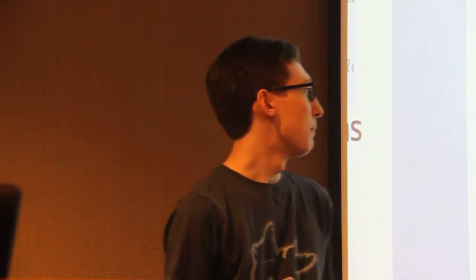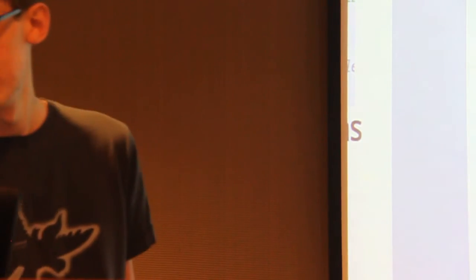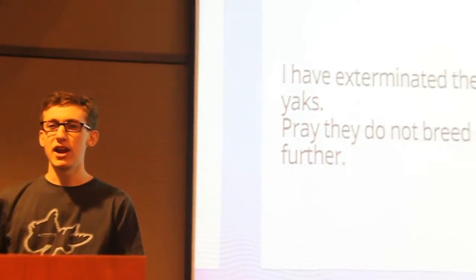Before, it was not possible in RPython to write this multiple inheritance of built-in types. It was possible at the Python level, but it needed to be implemented at the RPython level, because these types have different memory widths that aren't naturally exposed in Python. So I've exterminated all the yaks. I'm sort of praying they don't breed further.